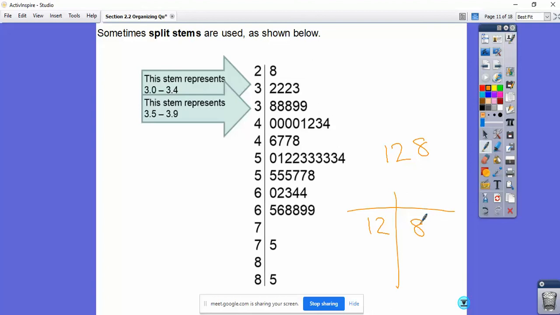Wait, that one's in a decimal. No, that one wasn't. It doesn't have to be a decimal for the stem and leaf. It can be, but it doesn't have to be.